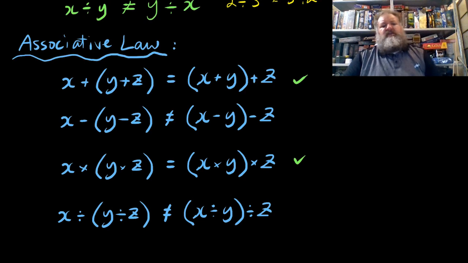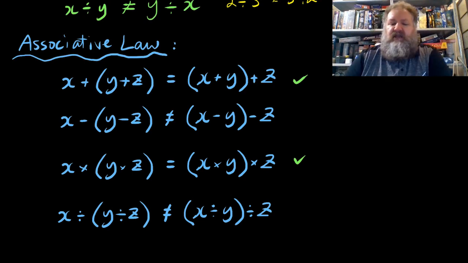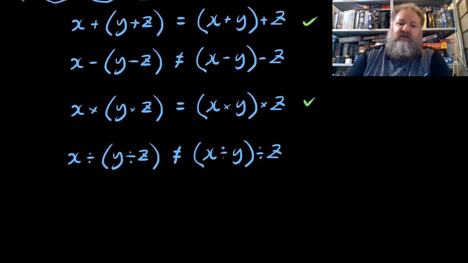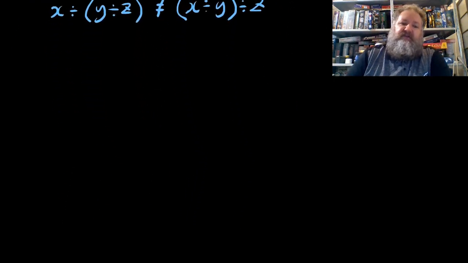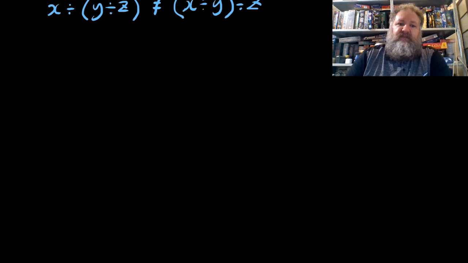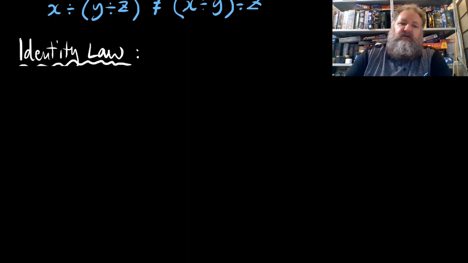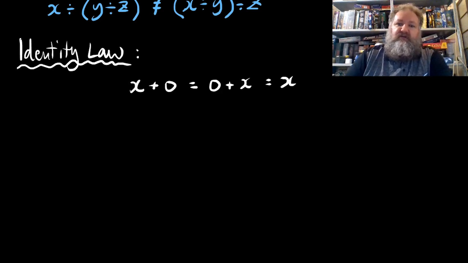There are a couple of other number laws that you may not recognize the name of, but you'll recognize the maths behind them. The first of these is the identity law. The identity law is a pretty simple idea. The first one is that if you're adding 0 to any number, you're really just staying at the same number.